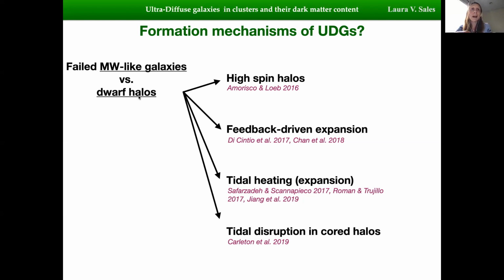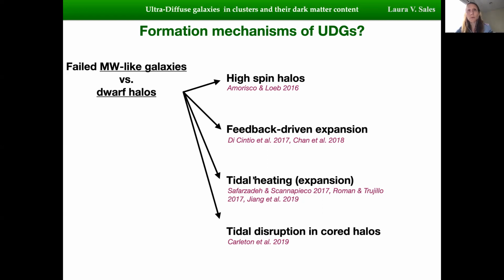Following that, hydro simulations that had a particularly bursty feedback like FIRE or NIHAO found in their simulated dwarfs that you could get these very low surface brightness objects if you had this continuous breathing mode in the formation of stars that heats up your stars, and you end up with a low surface brightness remnant.